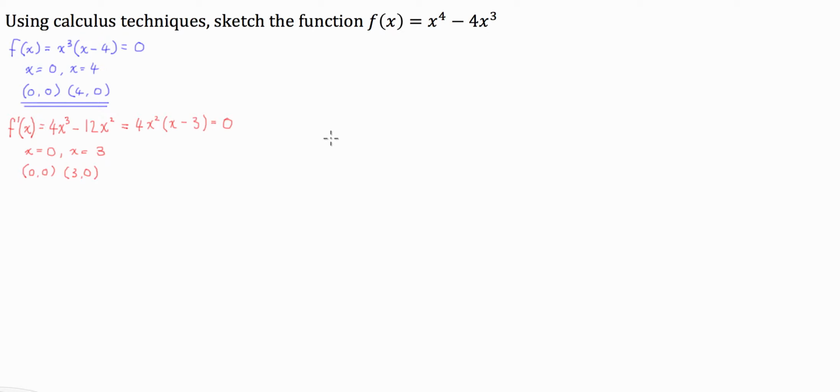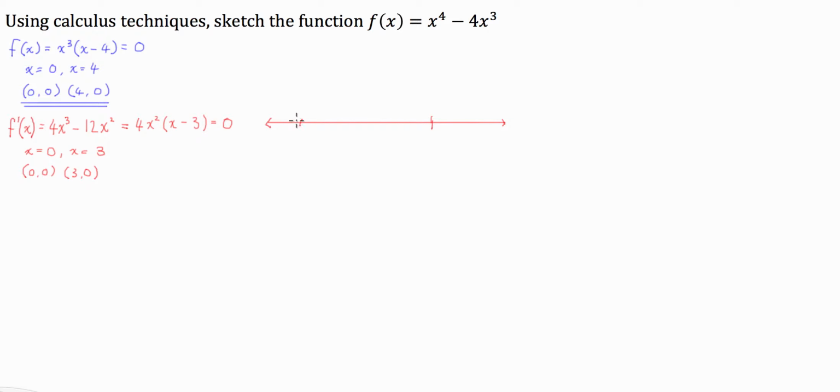Now we've got 0, 0 and 3, 0. So what we're going to do now is, around these 2 points, figure out what the slope of the graph is doing. What I like to do is draw a sort of pseudo number line. So we'll draw a line. Now what we have here is x equal to 0 and x equal to 3.